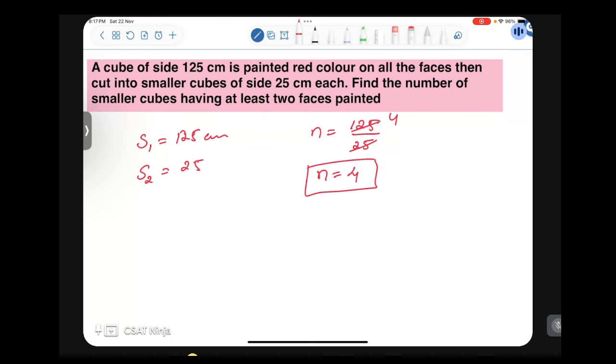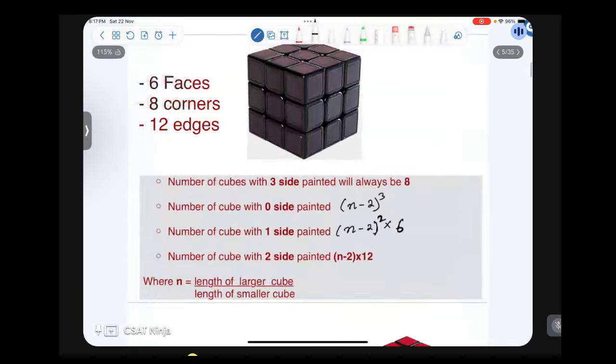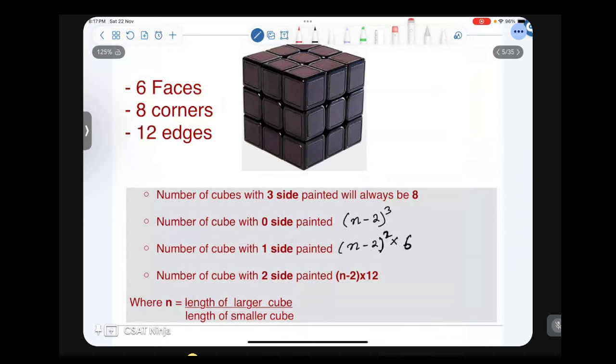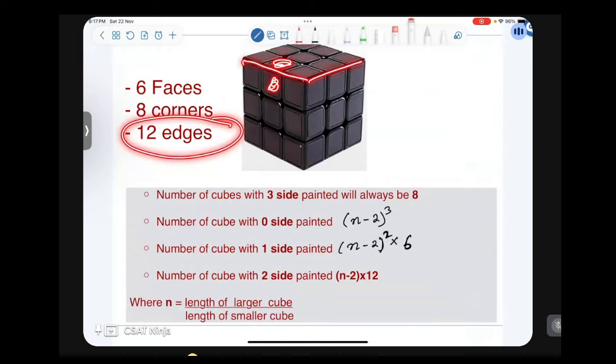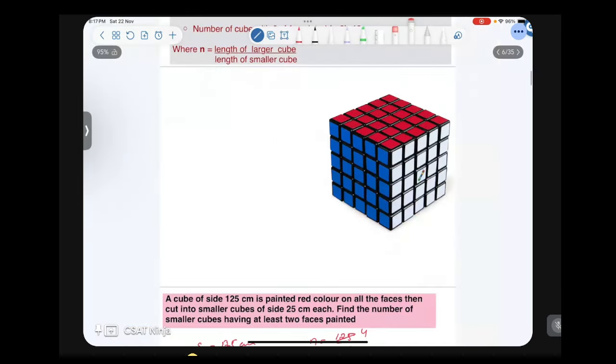But what was the formula for finding two faces painted? The formula was (n minus 2) into 12. Why 12? Because two sides painted will always lie on the edge, and there are 12 edges. That's the reason why we are using this.